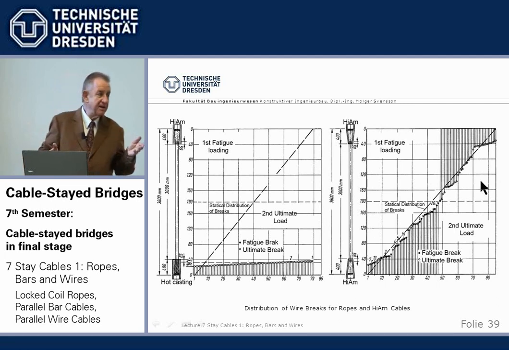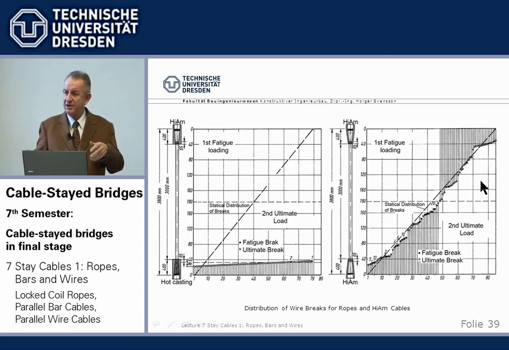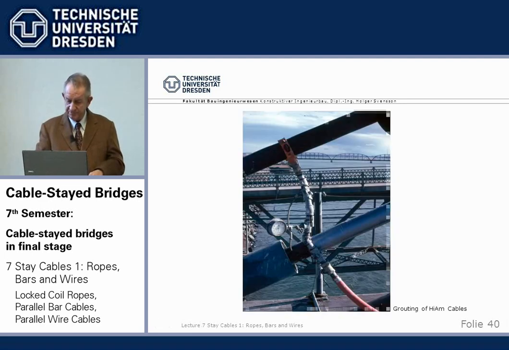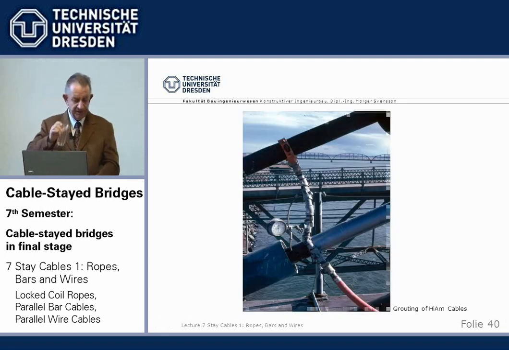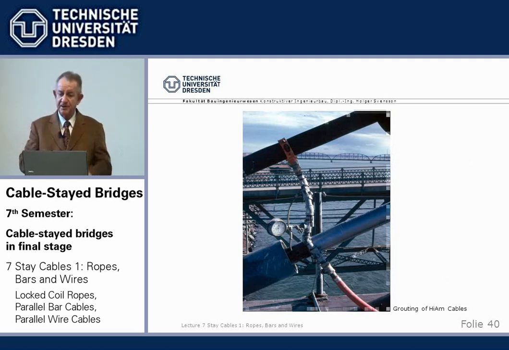That was the idea behind the parallel wire cable development, to have the same fatigue strength in the free length as in the anchor head. Now, initially, the outer PE pipes were cement grouted like tendons, as shown here.